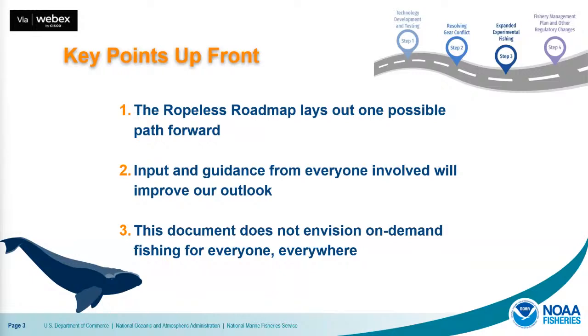And then lastly, one thing this document doesn't lay out is a vision for the adoption of on-demand gear for everyone all the time. It's clear that there are areas of especially high entanglement risk along the East Coast.